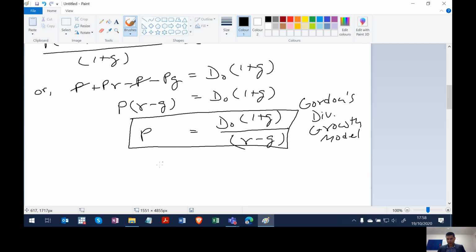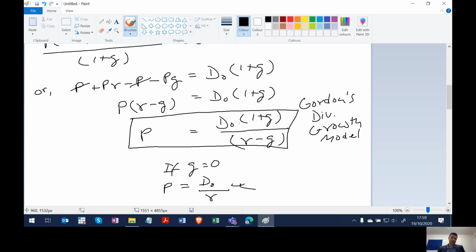If you expect the growth rate to be 0, then G would obviously be 0, this would also be 0, so what remains would be P equals D0 times 1, divided by R minus 0. So this is the formula for the present value of a perpetuity. So this also makes sense.